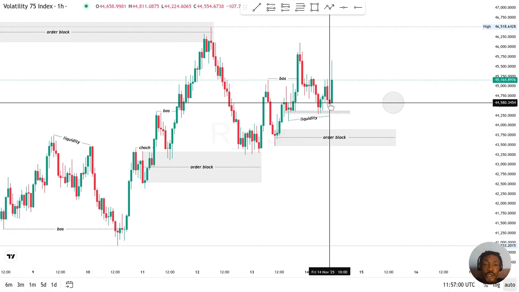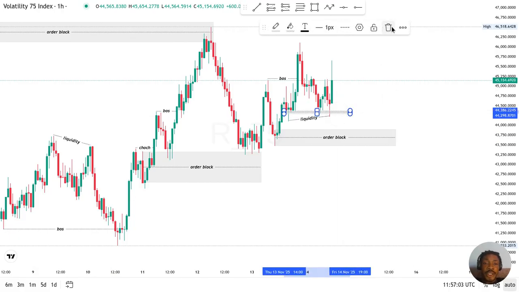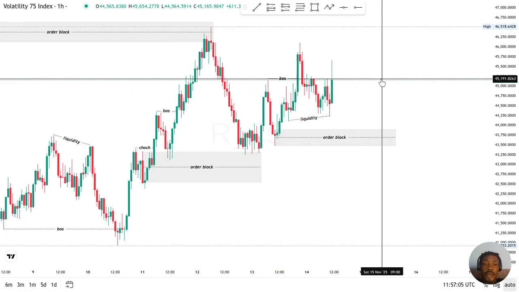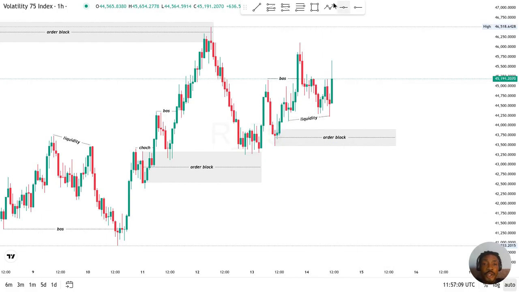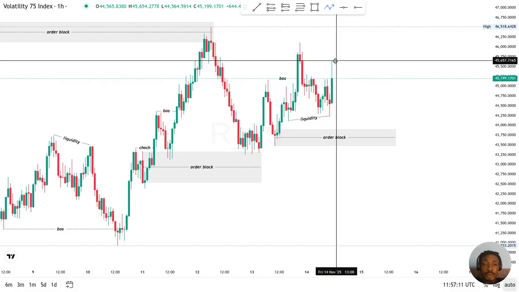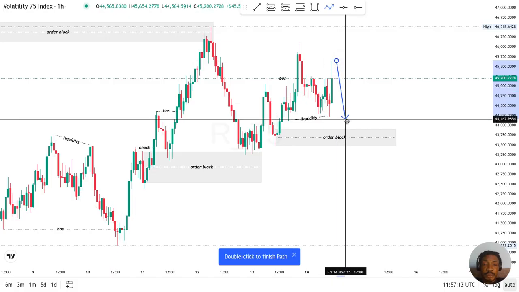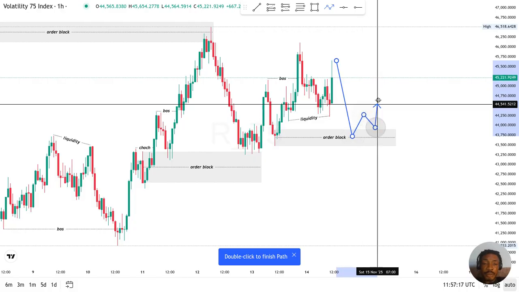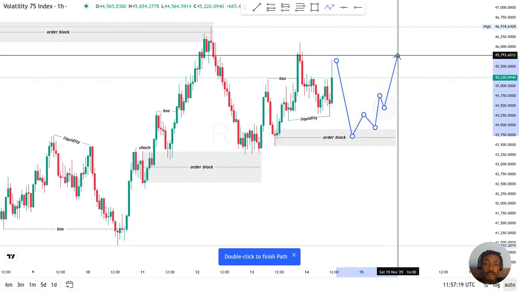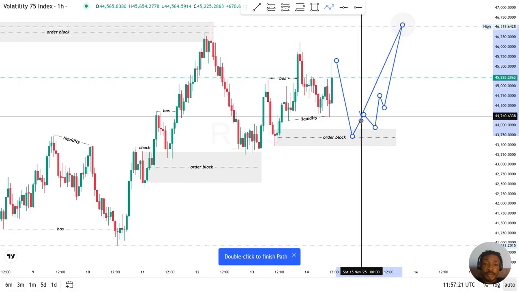So we have our liquidity. What we are now expecting price to do is something like this. Come here, something like this.